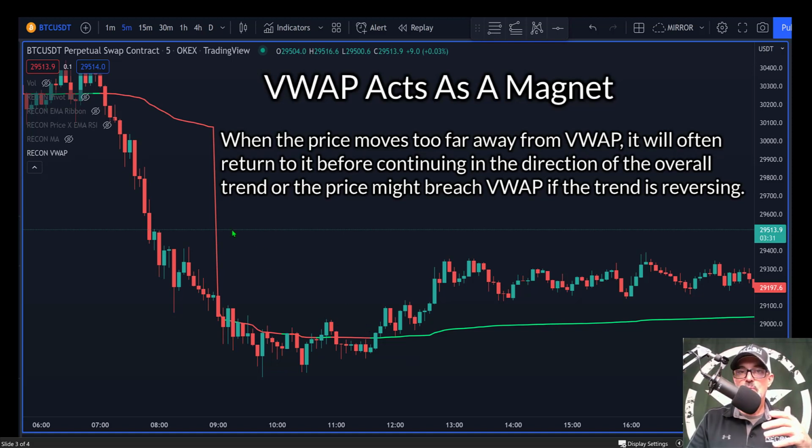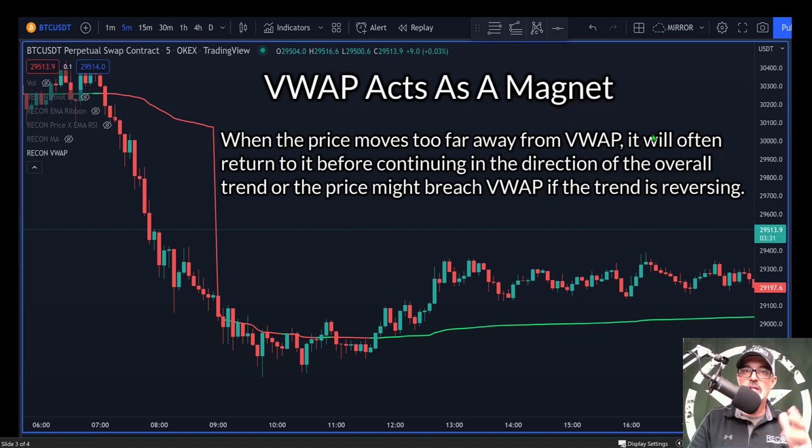Most of the time VWAP is one solid color. I have it set up to switch between red and green if the price action is considered to be bullish or bearish. In this case, where we get the cross above VWAP, the VWAP line turns green. And in fact, I took a trade and captured a nice profit on the push up, and I will break that trade down for y'all before the end of this video.